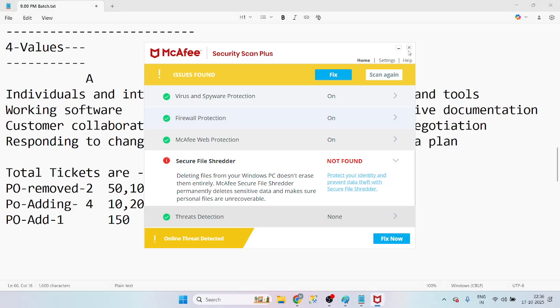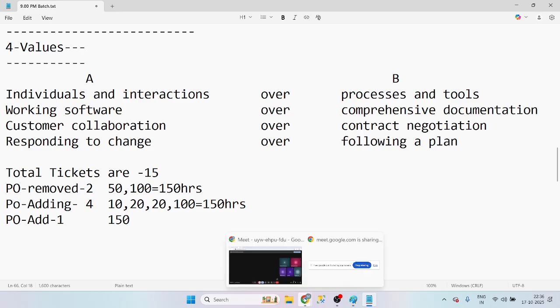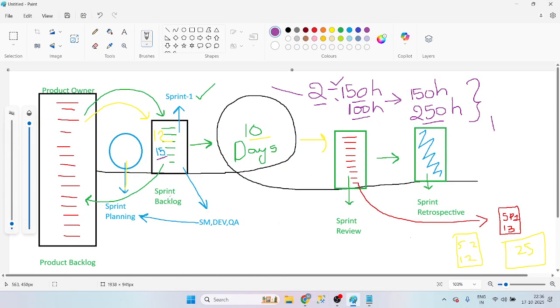During the discussion of that meeting, the planning team. So who is going to decide the hours? Suppose we have developers. Those things I will explain clearly after a few days, because we can't learn everything in a single day, right?